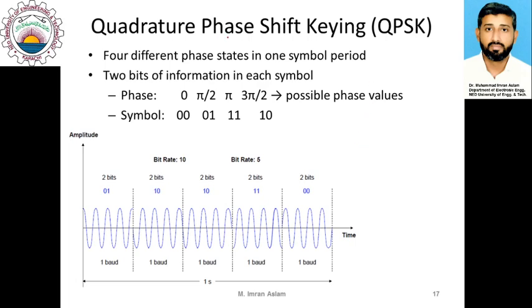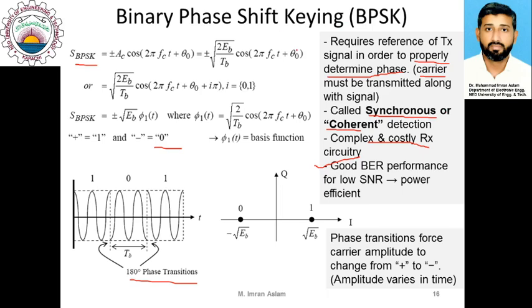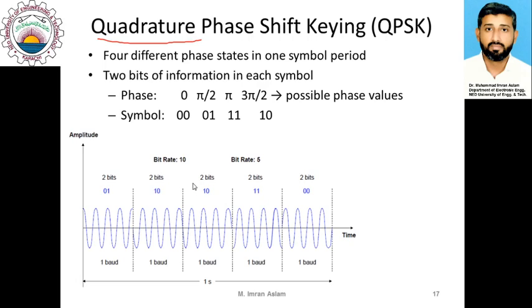QPSK, or quadrature phase shift keying, is actually an extended version of BPSK, where we use 4 symbols instead of 2, because for binary phase shift keying we are using only 2 symbols. For QPSK we use 4 symbols, and we use 4 different phases to represent those symbols.